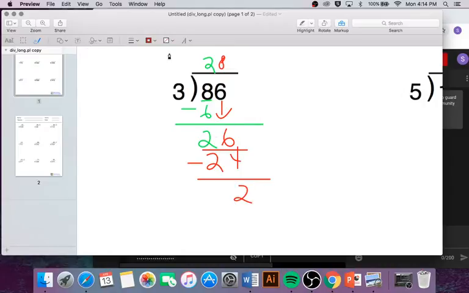We don't have another number left to multiply by, so our remainder is 2. So the way you write a remainder is you write R. Does not look like an R. Remainder.